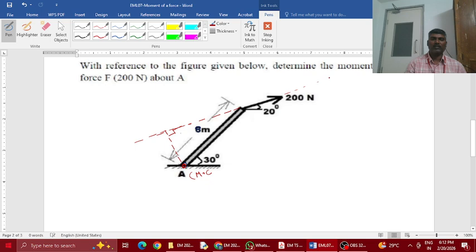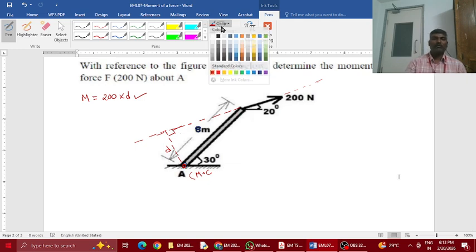So if I know this distance, I can calculate moment is equal to 200 into the distance d. Okay. So this is the direct way of solving for moment.